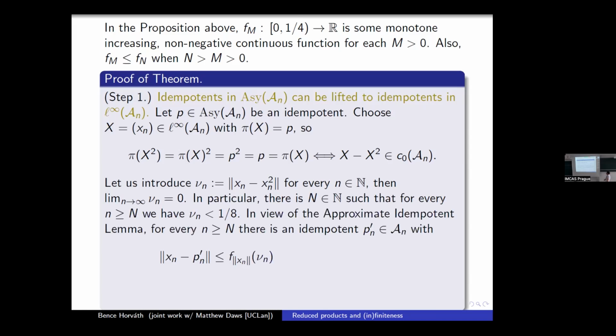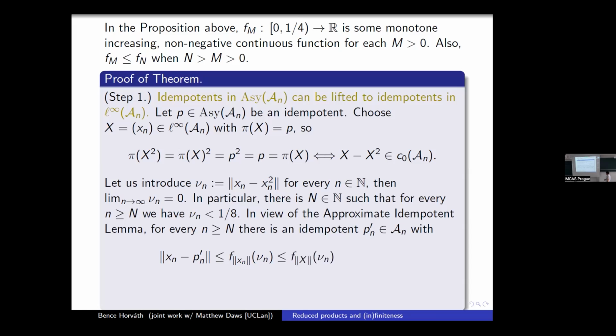Now we want to hit it with this approximate idempotent lemma. So we choose idempotents P_n prime which are close to the x_n's, like this. Here mu_n's are the norms. And you can bound this further because of the property up here.